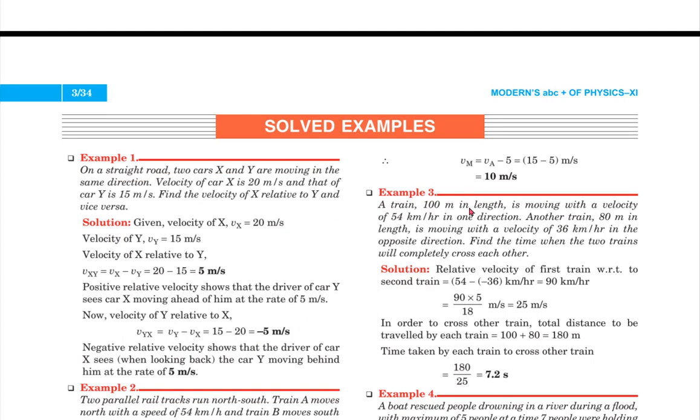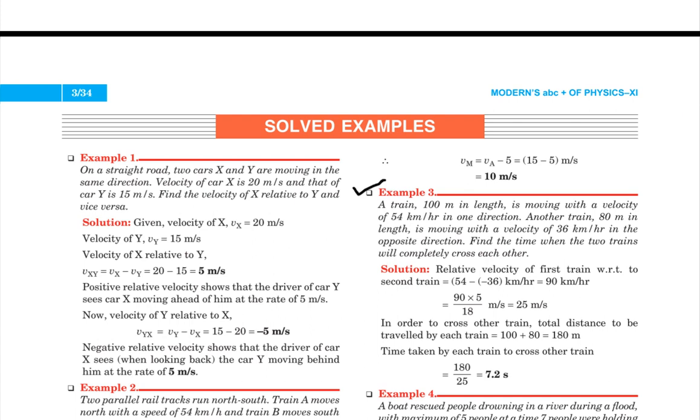Here we can put an example. A train 100 meters in length is moving with a velocity of 54 in one direction, and another train 80 meters in length is moving with a velocity of 36 in the opposite direction.